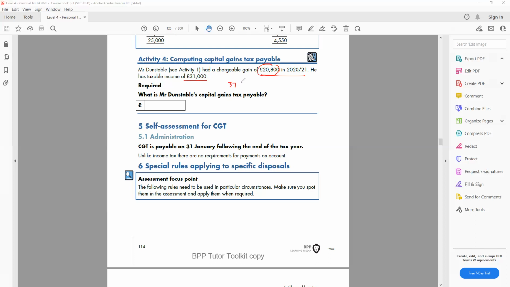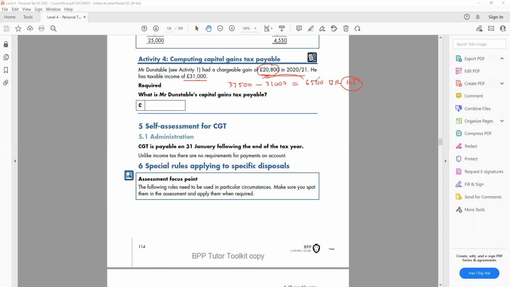From 37,500, if he earned 31,000, he has only 6,500 left for the basic rate, that is 10%. So from 20,800, I can only take 6,500 for the basic rate.